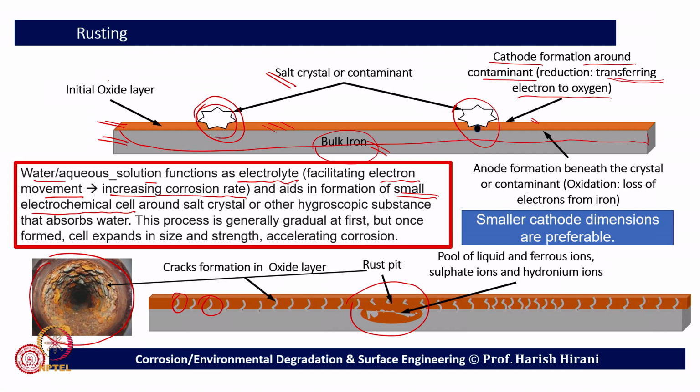Where there is some sort of discontinuity, maybe a pit or a crack, it allows formation of an electrochemical cell and accelerates there, and in the presence of oxygen, electrons and ions, this process will be much faster.